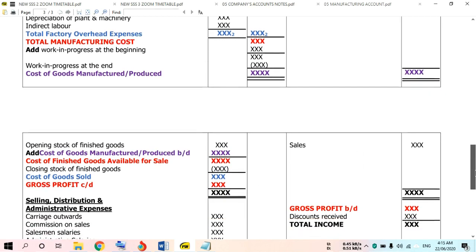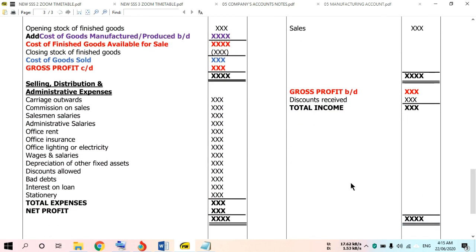So when you get your gross profit c/d, you transfer it to the credit side of the profit and loss account as gross profit b/d. Look for other incomes and add them together with your gross profit b/d to get your total income.